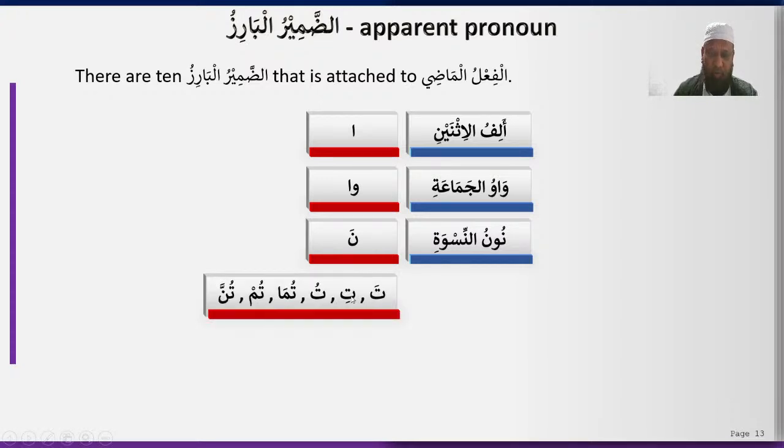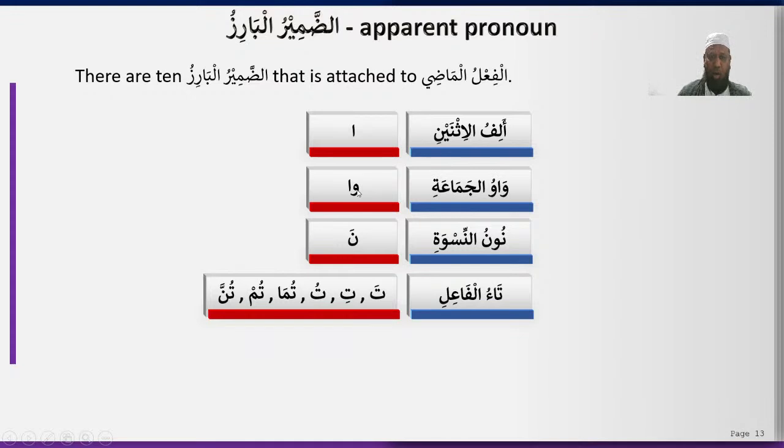Number 4, number 5, number 6, number 7, number 8, number 9. All these, ta, ti, tu, tuma, tum, tunna, are called ta'ul fa'il. So we'll be adding the alif with the fa'il, and this alif is called ad-damir al-bariz, and this is the fa'il.